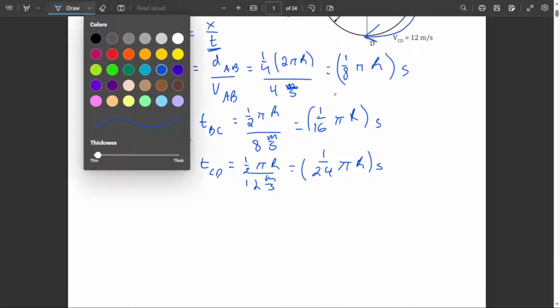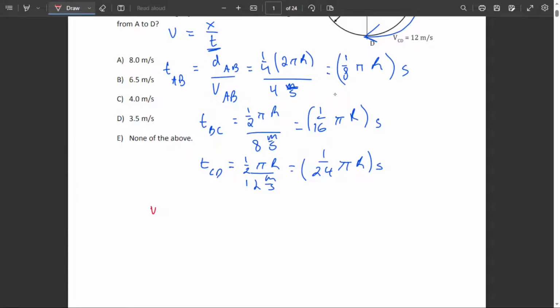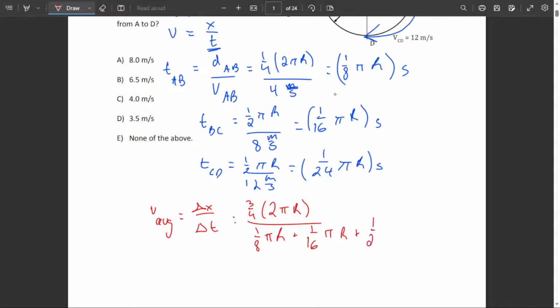So, the average speed is going to equal the change in x over the change in time, which is going to equal 3/4 times 2 pi r over the total time, which is AB plus BC plus CD, or 1/8 pi r plus 1/16 pi r plus 1/24 pi r.